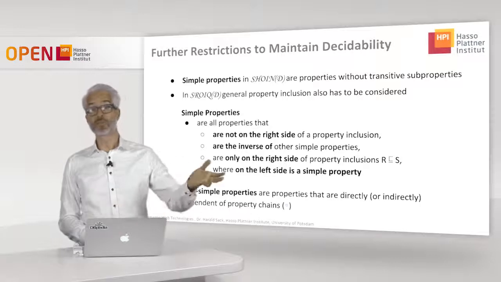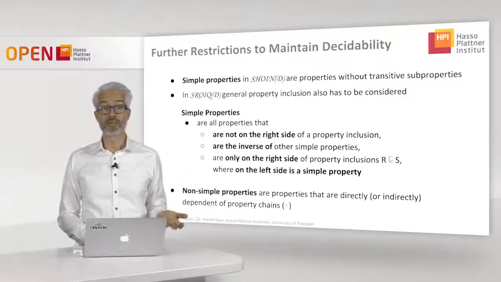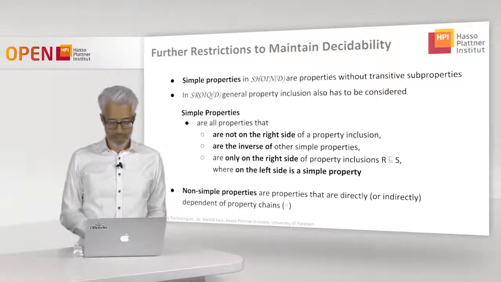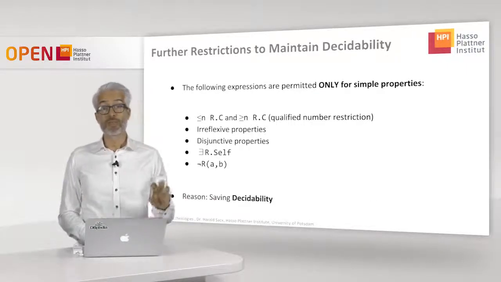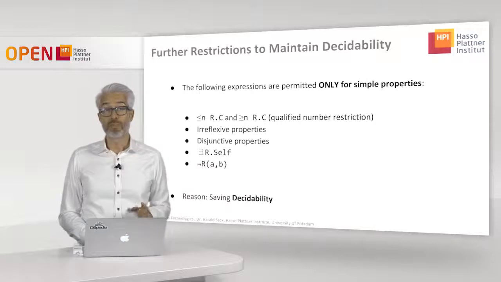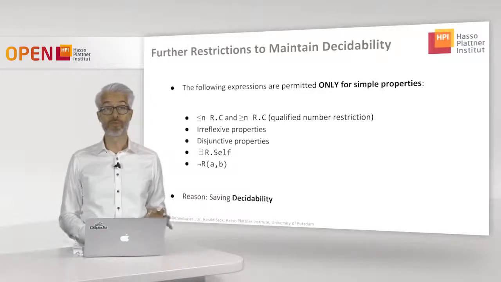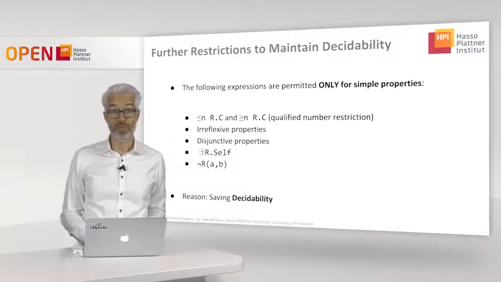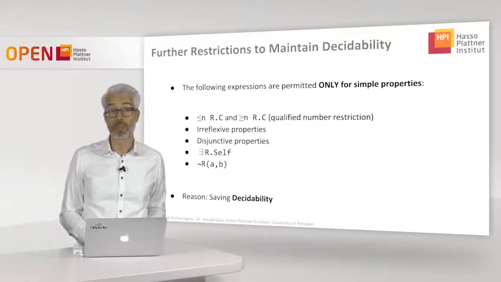So the non-simple properties or complex properties are properties that are directly or indirectly dependent on property chains somehow. And then the following restrictions hold. The following expressions in OWL are only permitted for simple properties, which are first the qualified number restriction. So this is not allowed for complex or non-simple properties, simply because this would become too complicated.